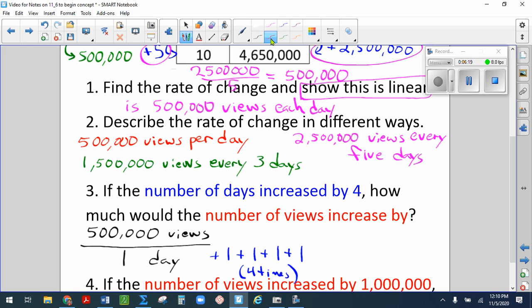If I increase the number of days by 4, how much would the number of views increase by? The number of views would increase by 500,000. That's once. 500,000, that's twice. 500,000, that's 3 times. And 500,000, that's 4 times. So in total, if I go up 4 days, I'm going to go up 500,000, 1 million, 1,500,000, 2 million.